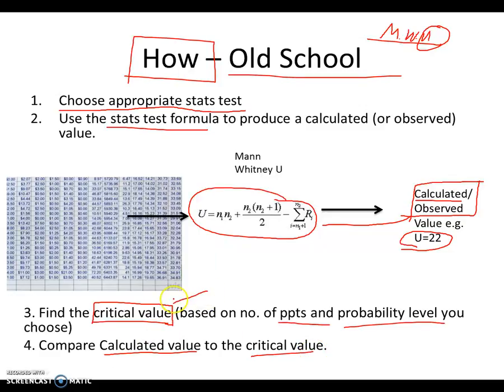Alright, so what is the critical value? It's like freezing point. Freezing point for water is always 0 degrees. That is the critical value at which water freezes. Doesn't matter how many times, who does it, who uses the water, where they get the water from, etc. It's always going to be 0 degrees. So critical values don't change.